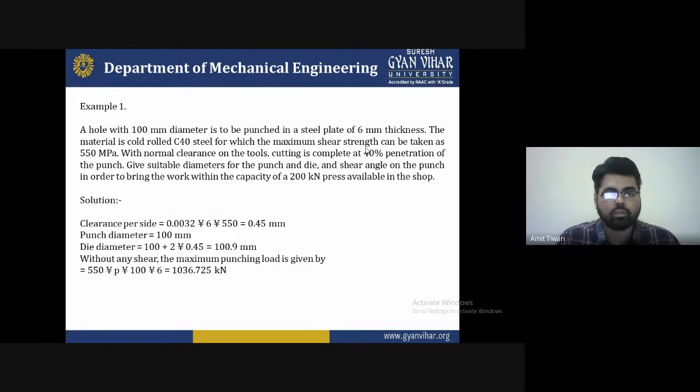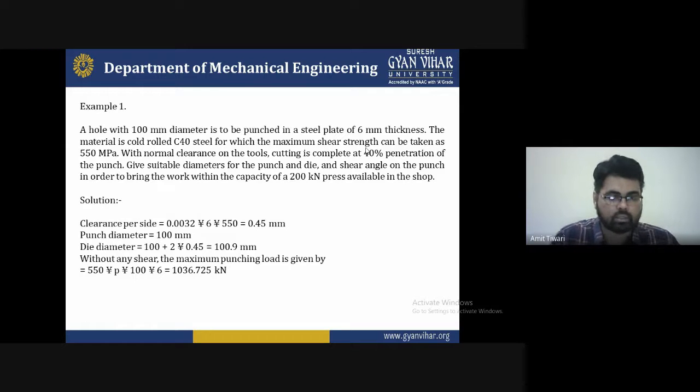Punch diameter is 100 mm, which is the given diameter of the hole; it is given in the question. The die diameter also has to be found: 100 + 2 × 0.45 = 100.9 mm.